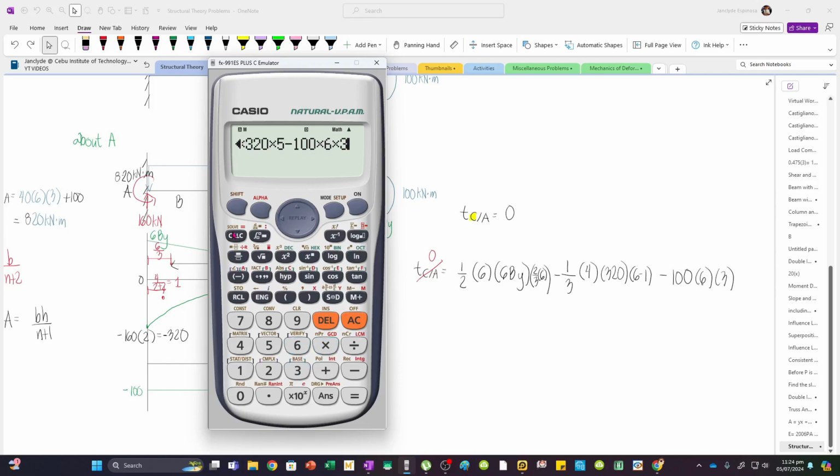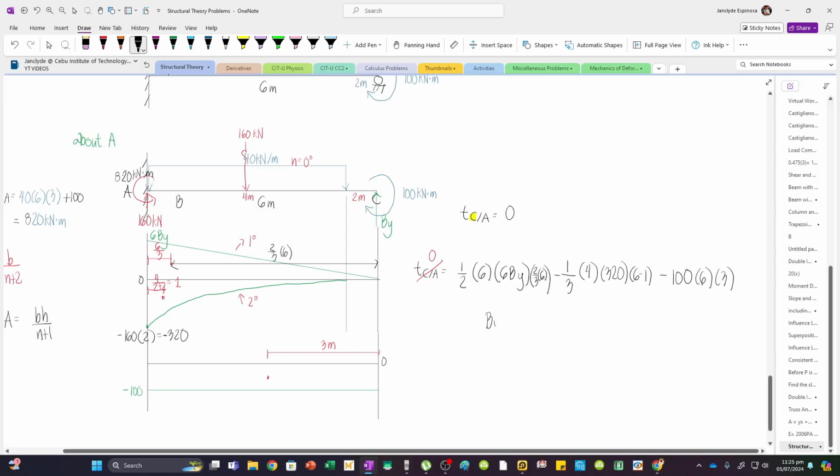I have to set this to 0. So solving BY, I have 54.629, or let's just say 54.63. So BY equals 54.63 kN.